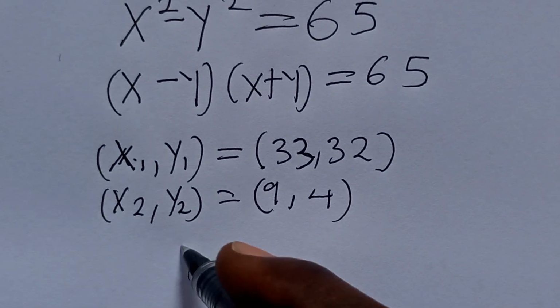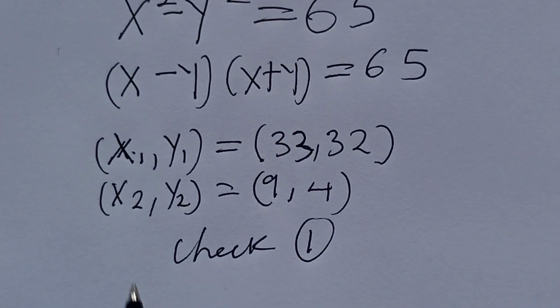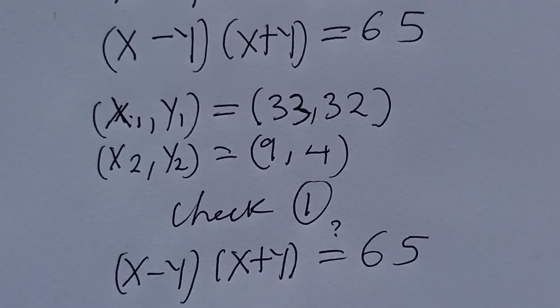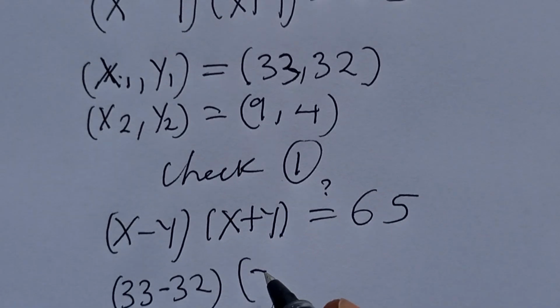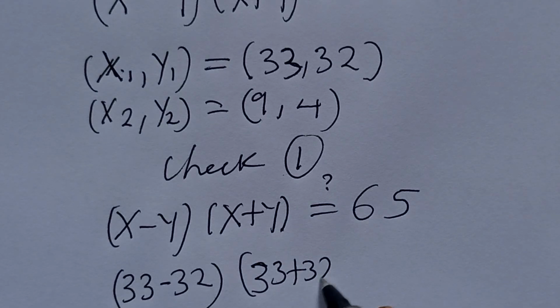So now let's check for case 1. For case 1, we use both of these to substitute in x minus y and x plus y. Let's see if it will be equal to 65. So what's our x? Our x is 33 minus 32 into the bracket of 33 plus 32.